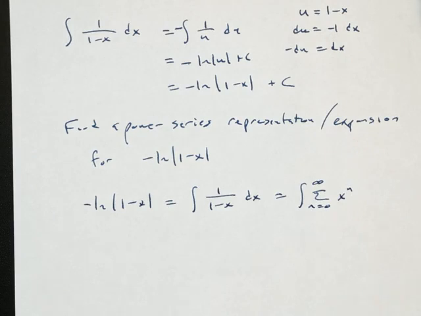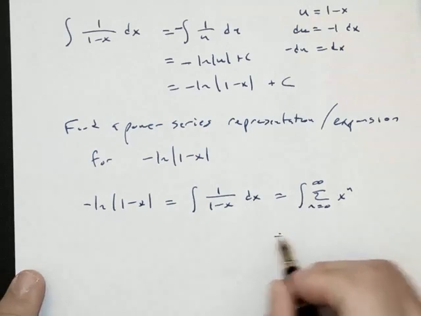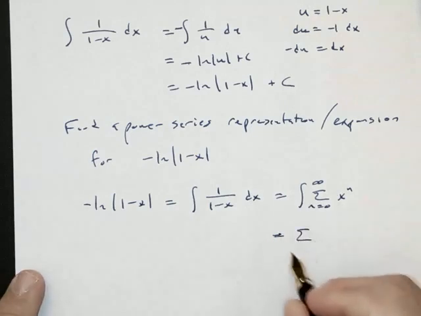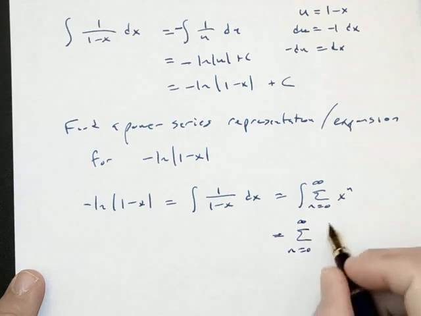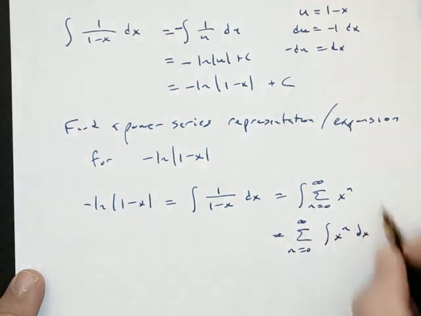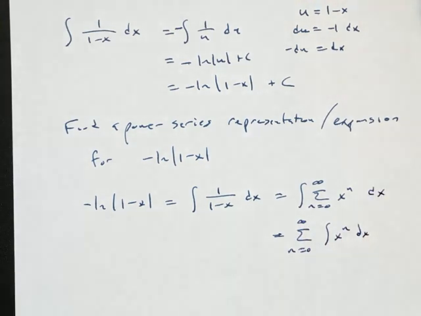And if that's the integral of a power series, I can use that theorem that just rolled off the top of the screen. I can switch the series and the integral. I forgot to write my dx on the top line. Got to put my dx in there.